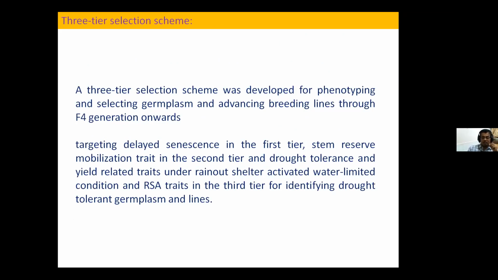So a three-tier selection scheme was developed for phenotyping and selecting germplasm and advancing breeding lines from the F4 generation onwards, targeting delayed senescence in the first tier, stem reserve mobilization in the second tier, and drought tolerance and yield-related traits under rainout shelter activated water-limited condition, and root system architecture traits in the third tier, for identifying drought tolerant germplasm and lines.